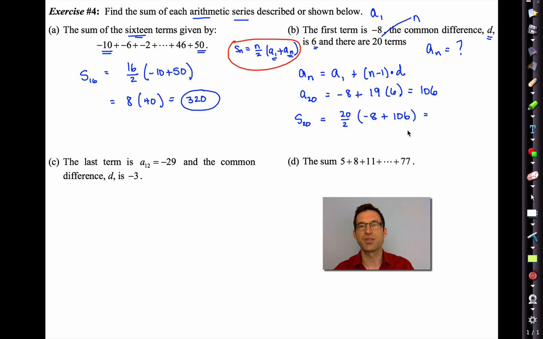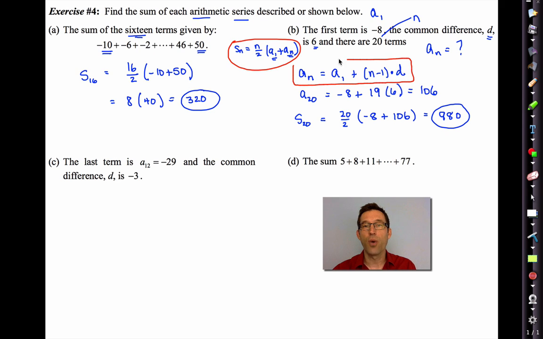And again, this is just kind of nailing it all out, and eventually we'll get a sum of 980. All right? Now, it is really critical when you do arithmetic series work, you oftentimes need the arithmetic sequence formula, right? So you want to keep that one handy.